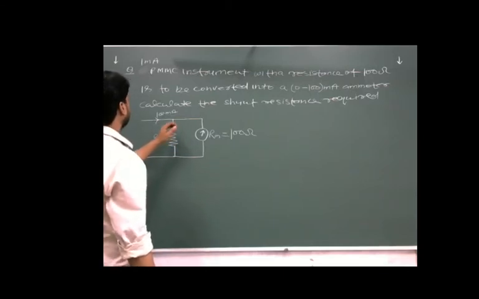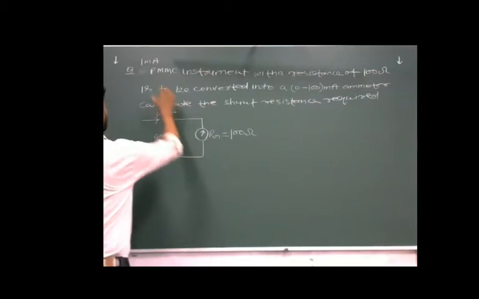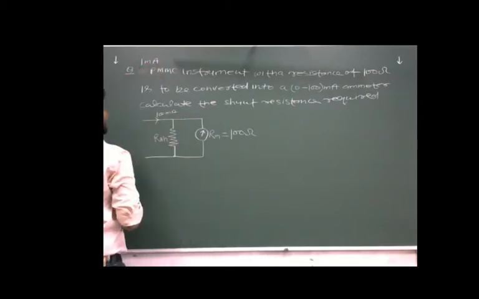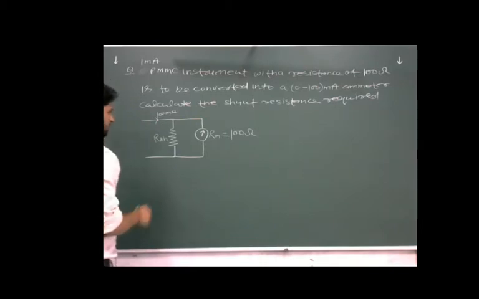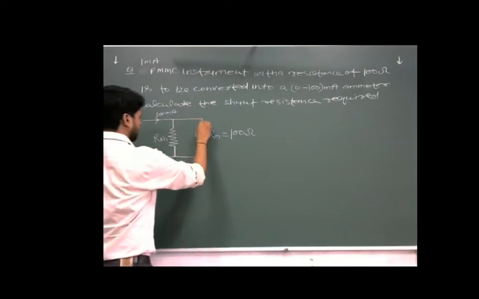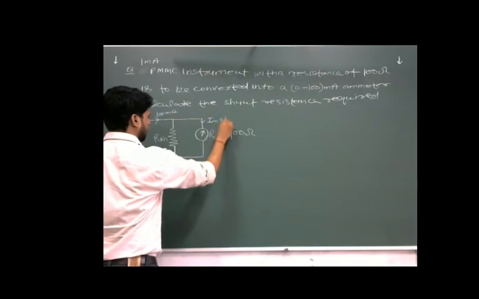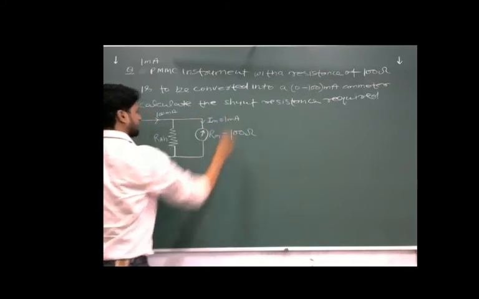The current passing through the instrument is 1 milliampere. It is given that the maximum current that the instrument can carry is 1 milliampere. So Im is known to us, Im is equal to 1 milliampere, given in the question itself.